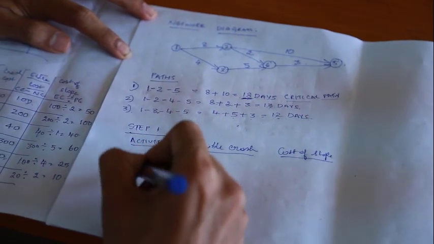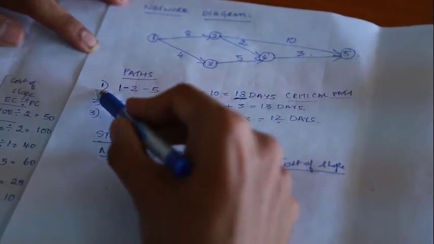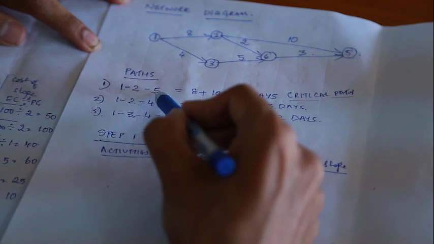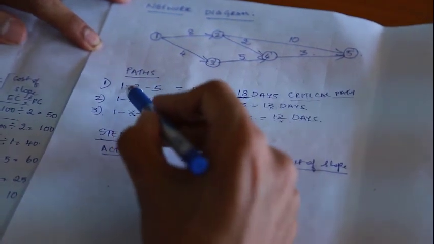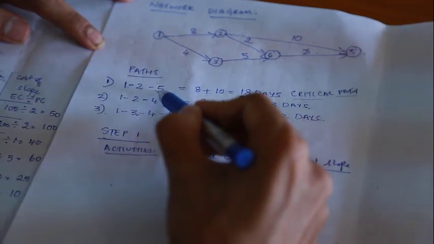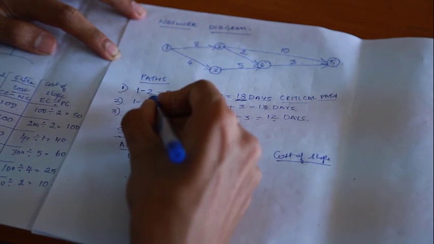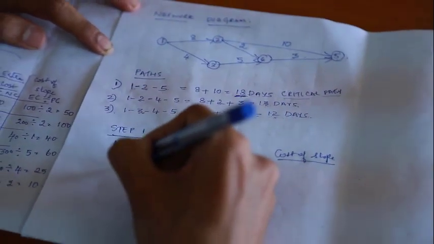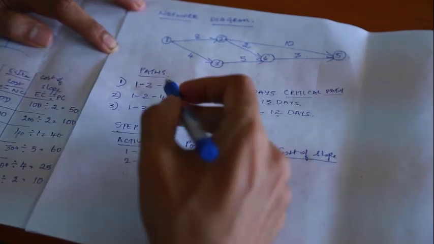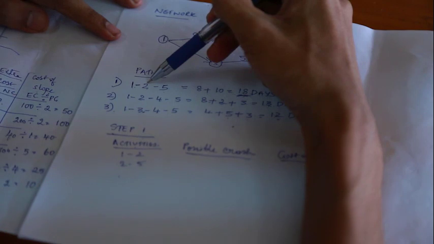I'm going to list out the activities of only the critical path. The first path, which is 1 to 2, 2 to 5, is the critical path. So I'm going to list out the activities of only the critical path, which is 1 to 2, and then 2 to 5. Now, for activity 1 to 2, what is the possible crash?